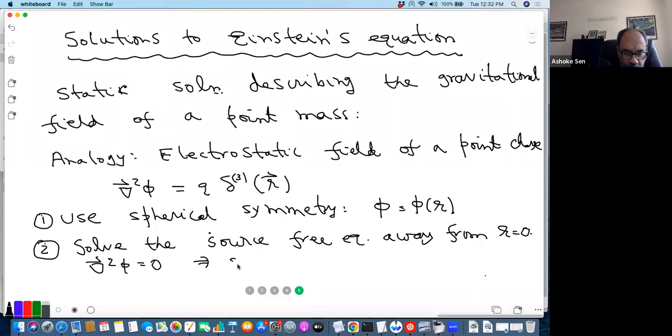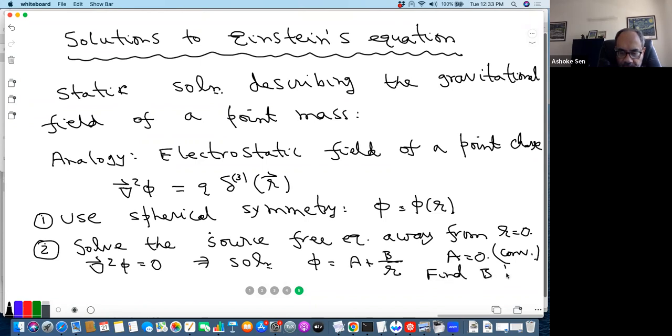And this has a solution that is phi equal to a plus b by r. It's simple to solve. Then the constant a you typically set to 0, as we were saying that the potential goes to 0 at infinity. So a equal to 0. This is convention. And then you find b by Gauss law.